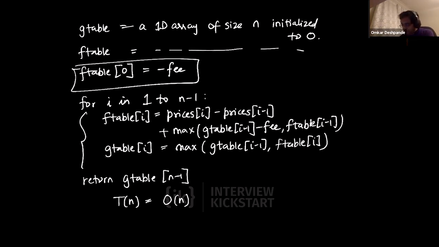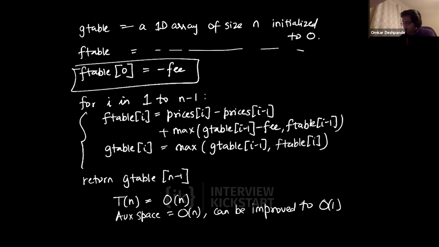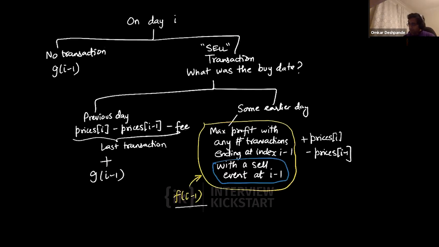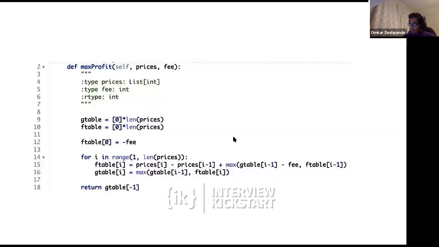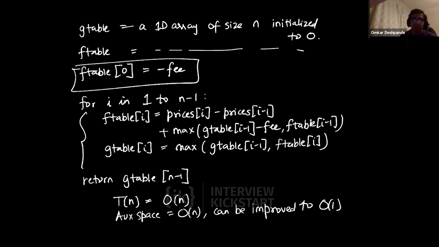And the auxiliary space used is order n, which can be improved to order 1, like before. So, any questions about this?